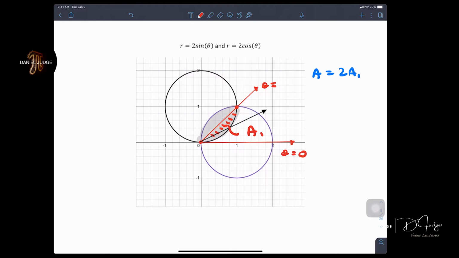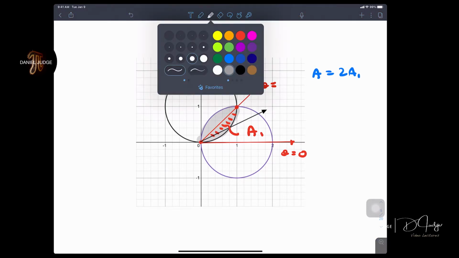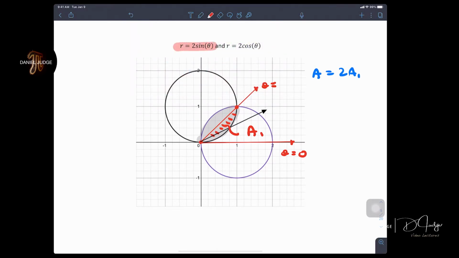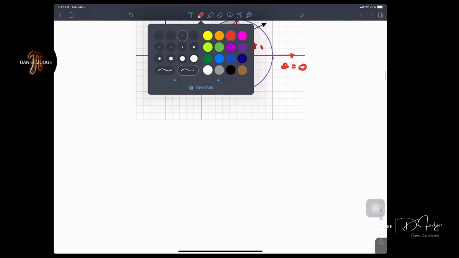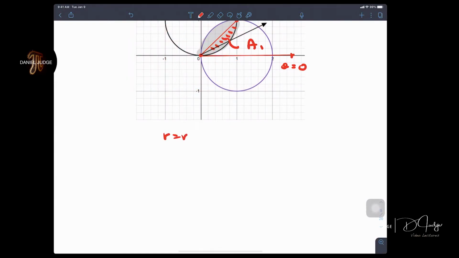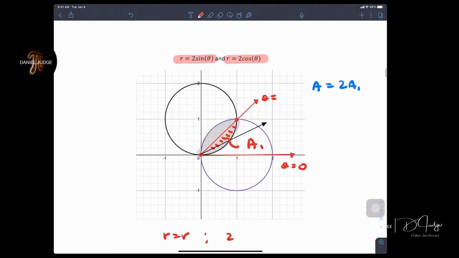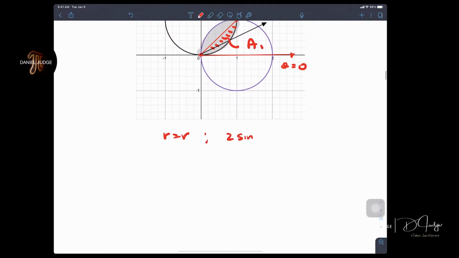We do that by setting the curves equal to each other. So R is 2 sine theta, and R is 2 cosine theta. We set them equal. So if we say R is R, that means 2 sine theta is the same as 2 cosine theta, which means sine equals cosine.